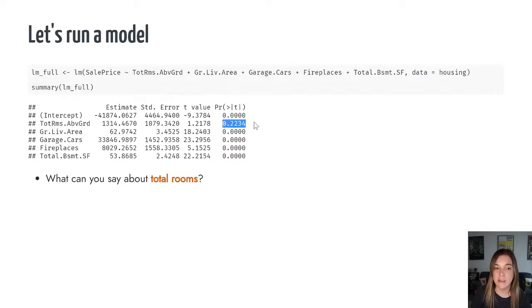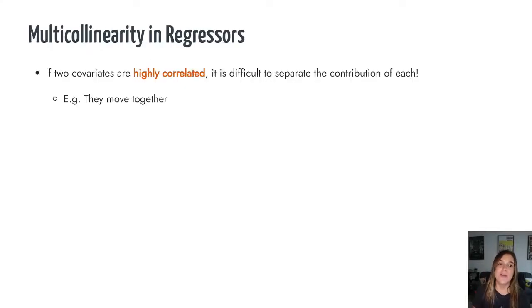Is it still statistically not significant, or is it now statistically significant? So again, the main problem with having two highly correlated covariates is that it's very difficult to separate the contribution of each of them, and because they move together, most likely, if they're very highly correlated, one of them is going to be just too noisy to actually detect an effect.